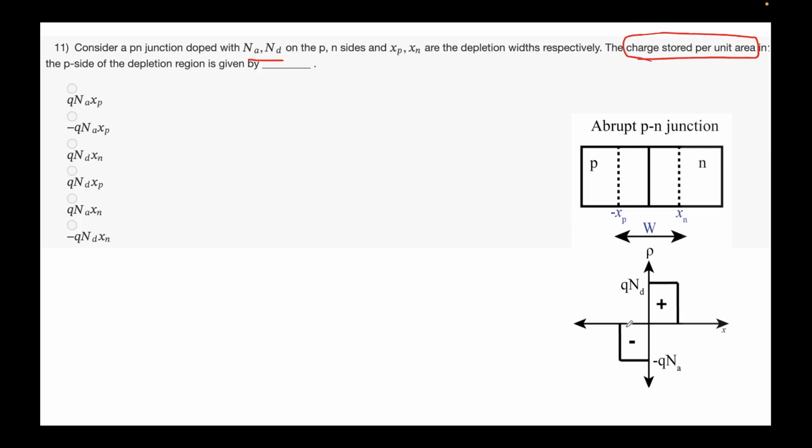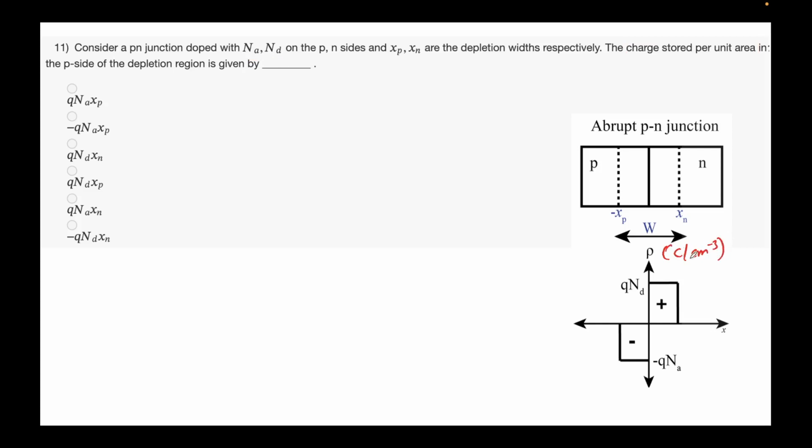So this means we need to know the charge. So what's the unit for this? The unit will be charge, which is coulombs. So we can say coulombs per centimeter square, per unit area, because here it's rho, sorry, so here it will be coulombs per centimeter cube.